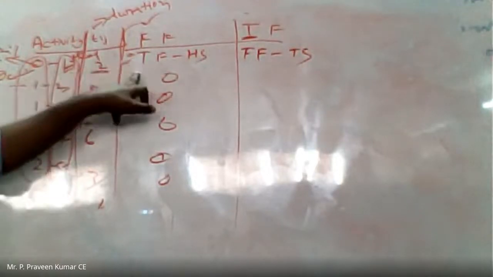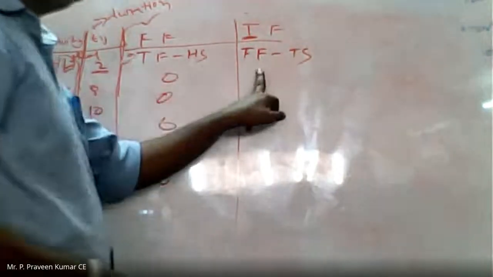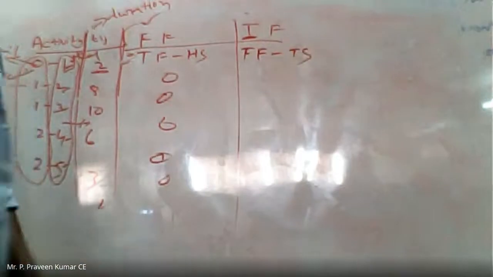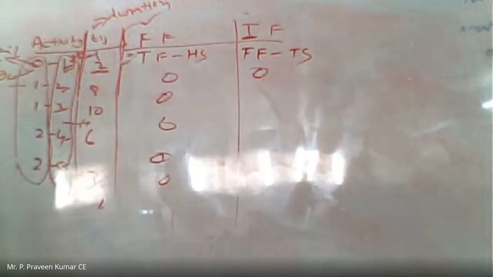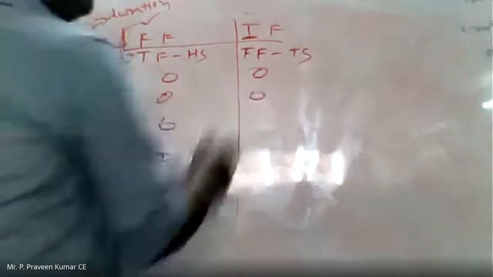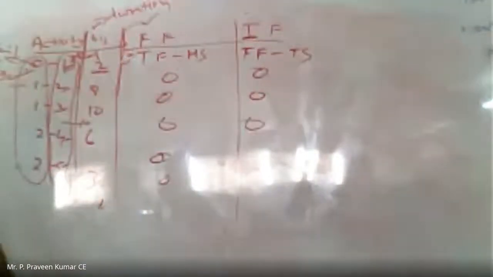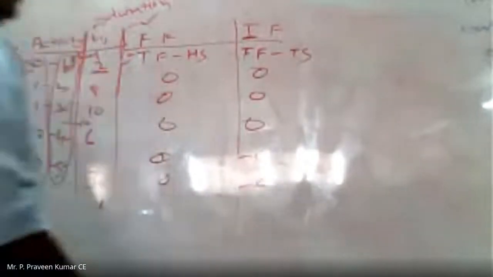That is about the free float. Now coming to the independent float, FF minus TS. FF is 0 minus 0, next 0 minus 0, next 0 minus 0, next one is 0 minus 6. Here you are getting minus 6, and again you will get minus 6.